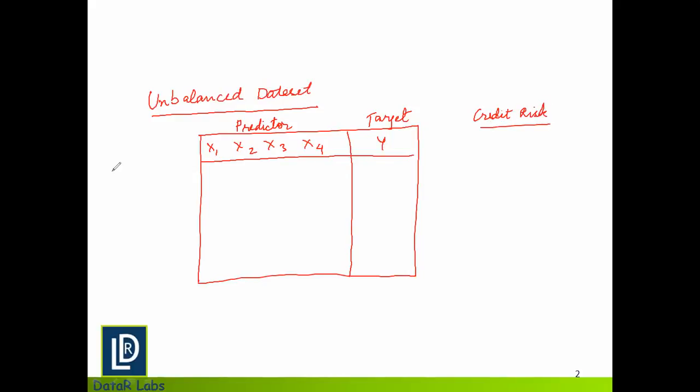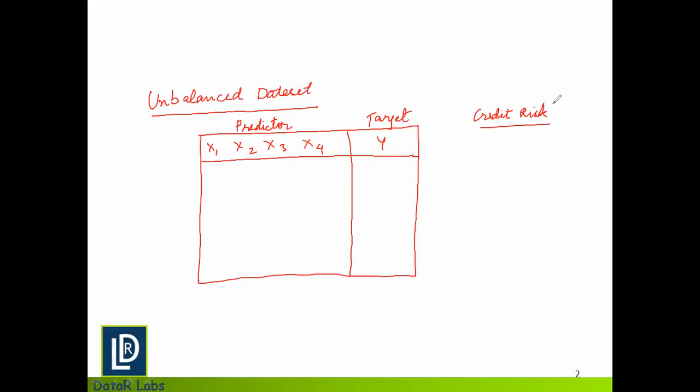Given the characteristics of a person who is coming to take a loan from the bank, let's say X1 is age, X2 is income, X3 is the amount of loan, X4 is probably the purpose of the loan, we'll have whether that person would default or whether that person will not default.